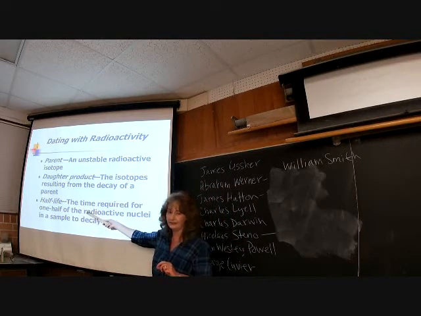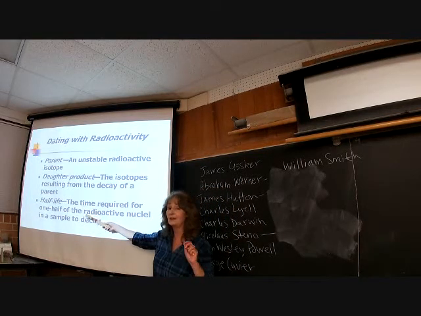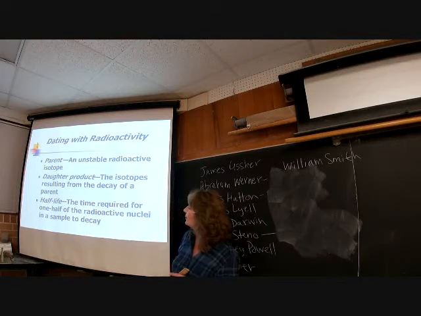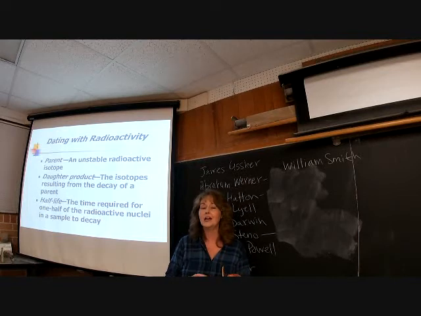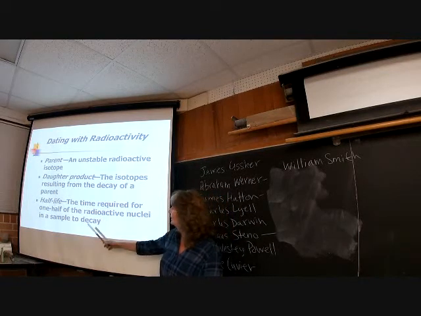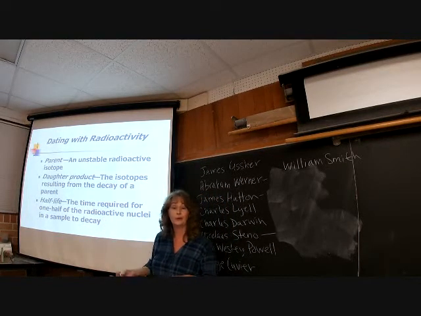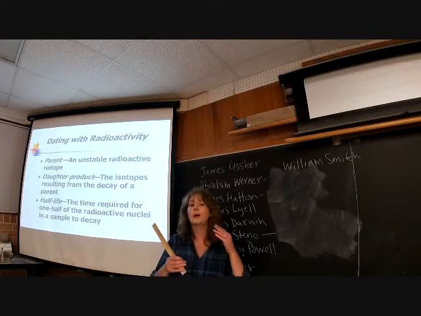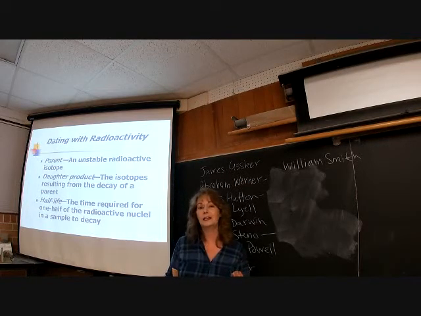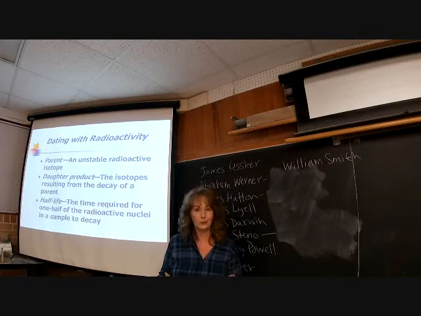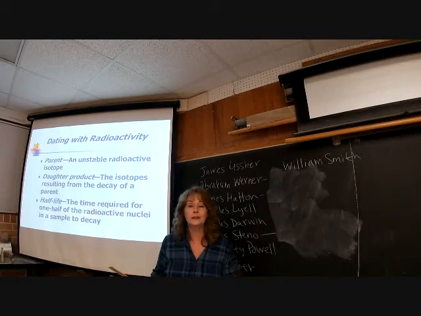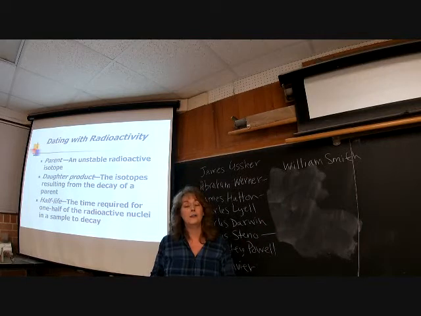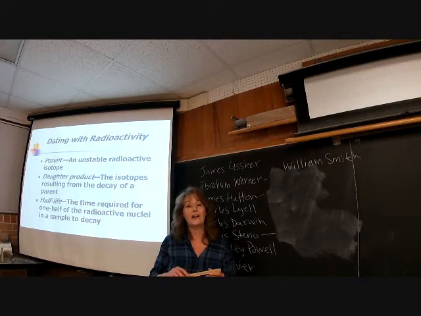So half-life, that numerical value, is the time required for one half of the radioactive parent to decay into the stable daughter product. Whatever that is, it's unique for each type of isotope. Could be 10,000 years, could be 3 billion years, but they have an exact half-life.